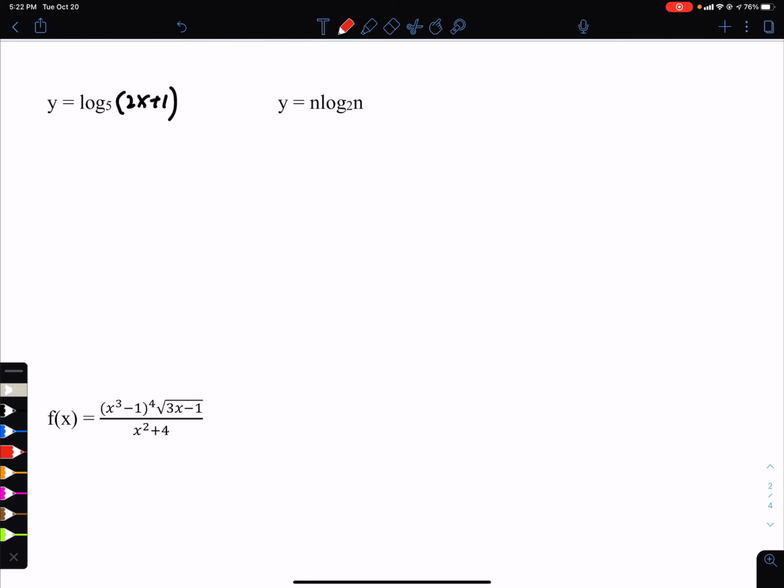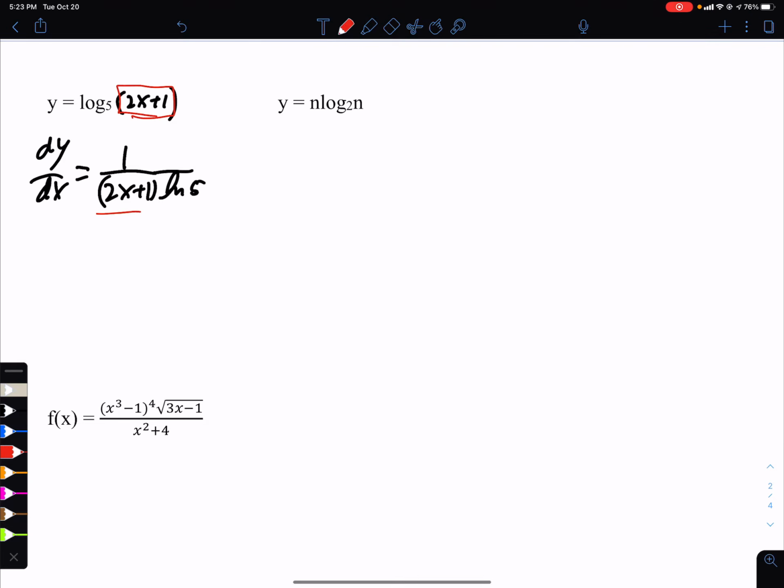So what we have here is log of box. It's a base 5. The derivative of a log base 5 is going to be 1 over box, just like ln x is 1 over x. It's 1 over box, but you also on the bottom need a ln of the base.